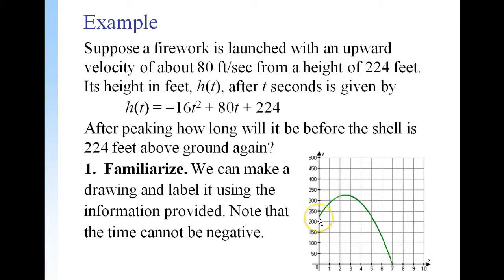So we're up on a hill or somewhere and we're shooting off this rocket and it's going to go down. And then eventually it's going to reach the ground. And here it looks like it's going to reach the ground in 7 seconds. But we're wondering when it will be about 224 feet above the ground again.